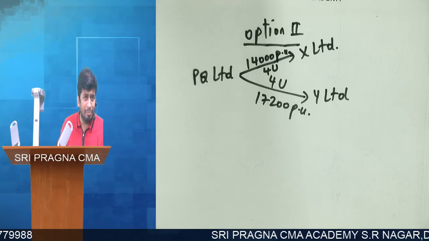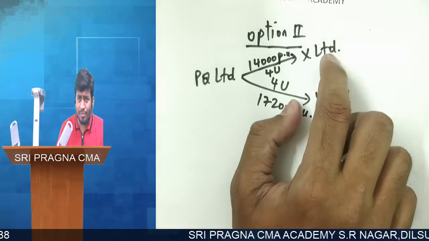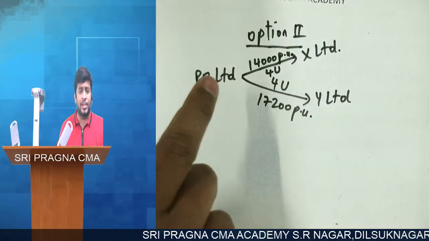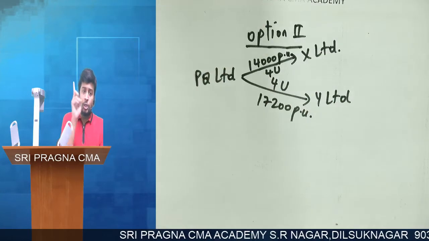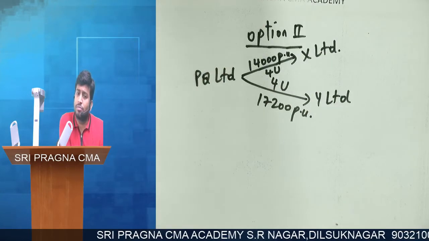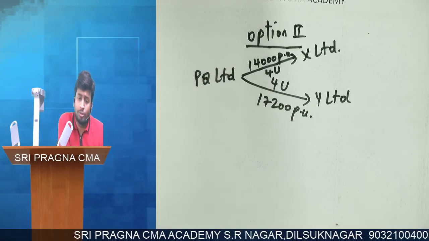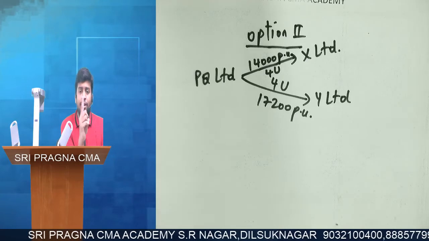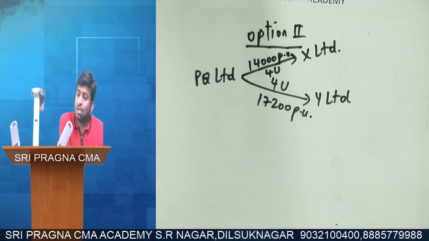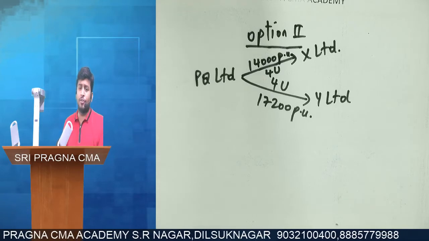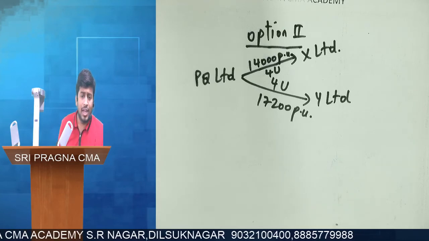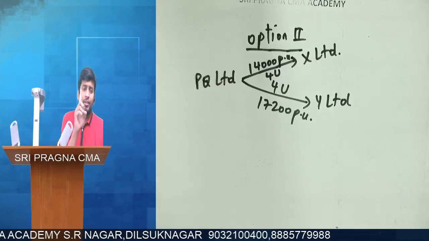You will pay my workers at the rate of 1 rupee per hour. Currently PQ is paying 4 rupees per hour to their workers, and this fellow has to pay only 1.